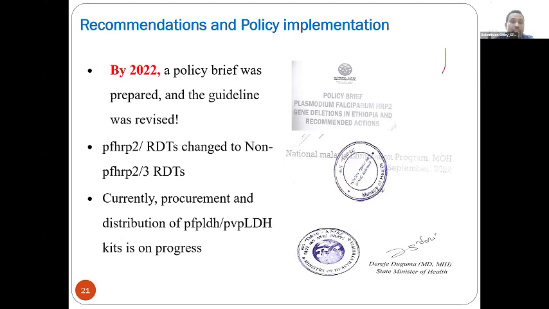PF-HRP2 RDTs were changed to an alternative non-PF-HRP2 RDT, and currently the ministry is in the process of procuring and distributing PLDH-based antigen tests for detection of malaria, and PV-PLDH. This is the recommendation letter signed by the State Minister of the Health Minister.